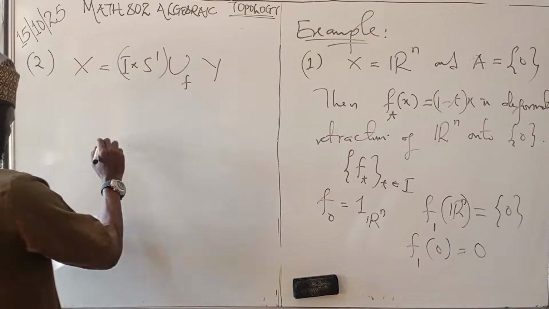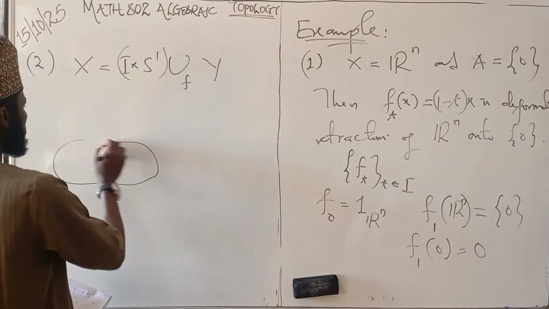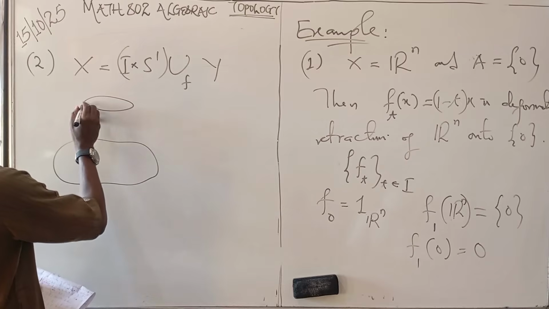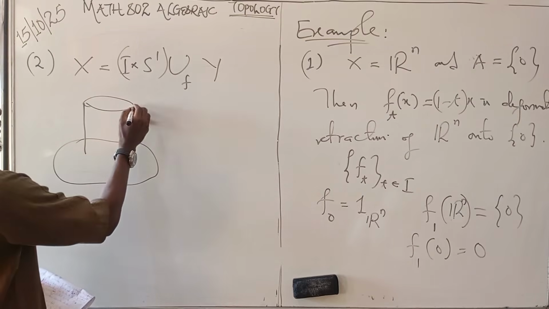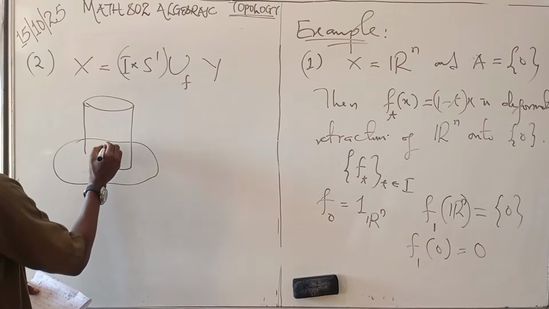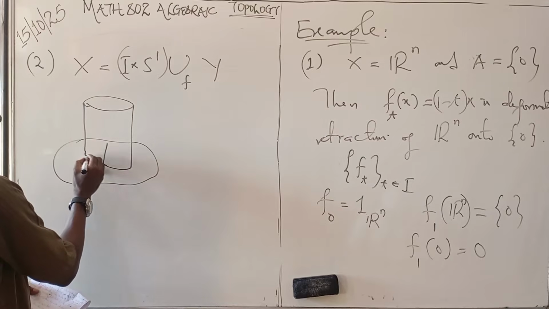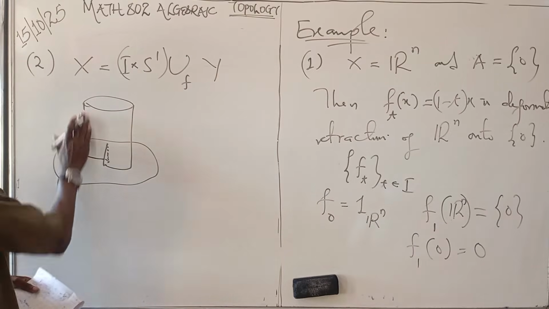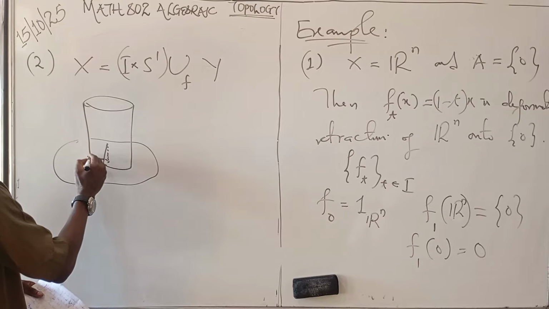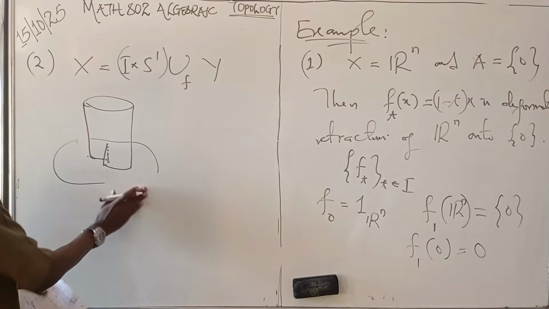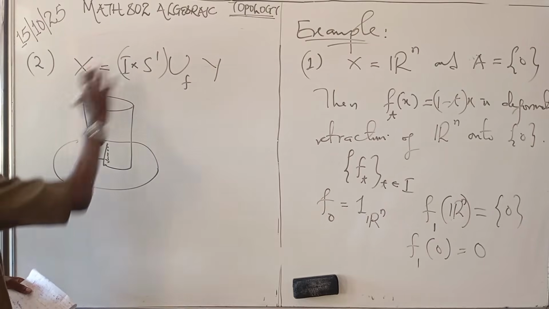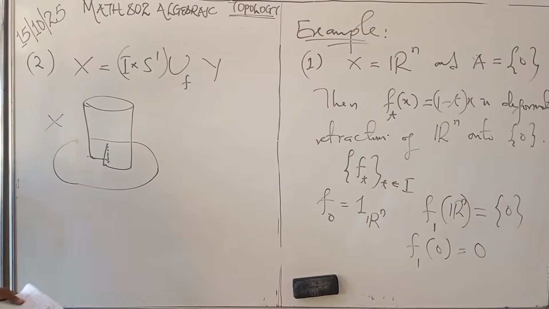So this is the space. You think of having your space Y here, and then you have the cylinder, and you attach it to Y like this via this mapping. So you can always attach a cylinder to a space. So this is Y down there, and this is the adjunction space. So this is our space X.